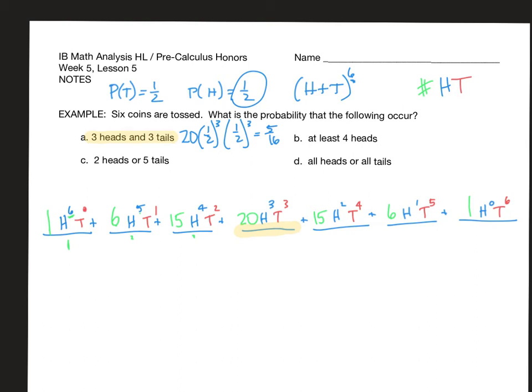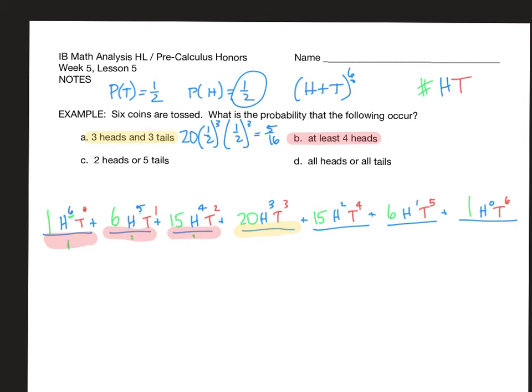Let me go back to a highlighter for question B. If I want at least 4 heads, well, this one has at least 4 heads, and so does this one, and so does this one. These 3 blanks.